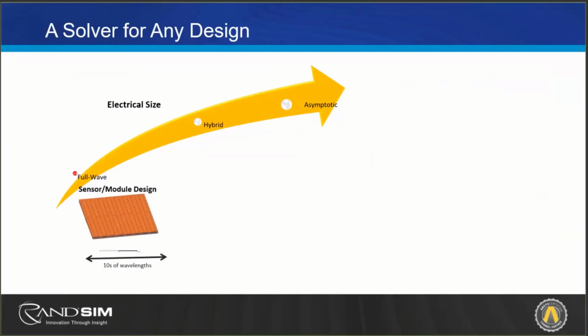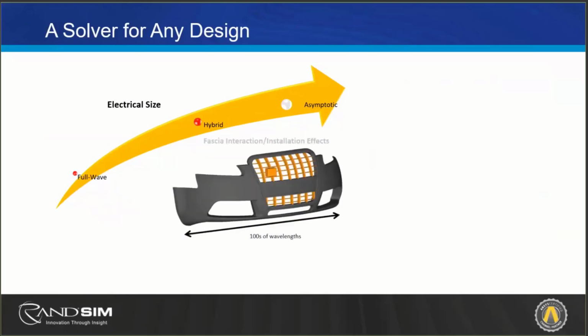But as we get electrically larger, we don't have the time to solve problems that we see on a day-to-day basis. And so within HFSS, there are also hybrid solvers for including electrically larger geometries.